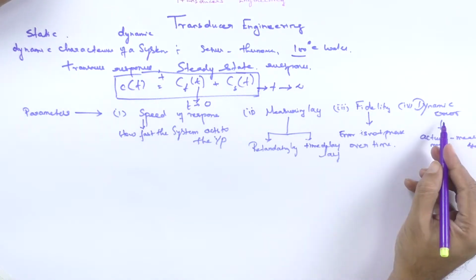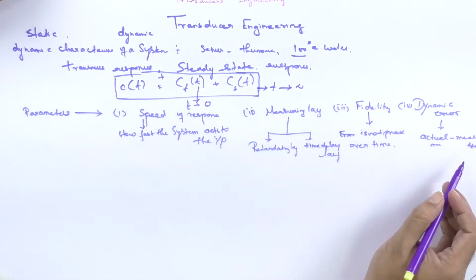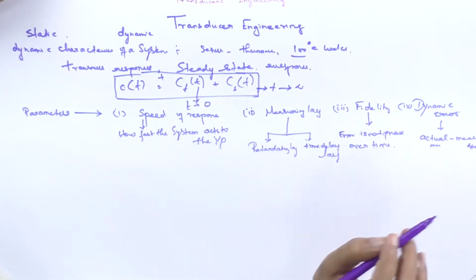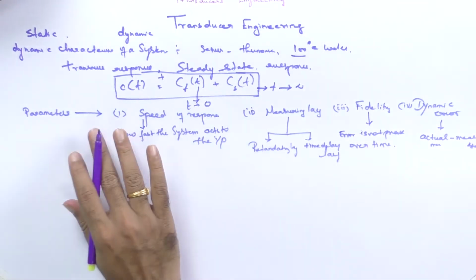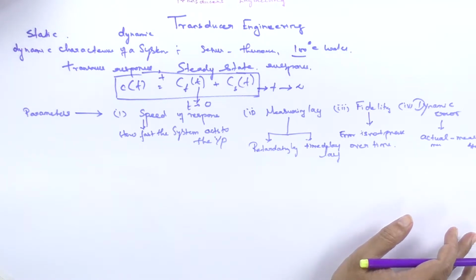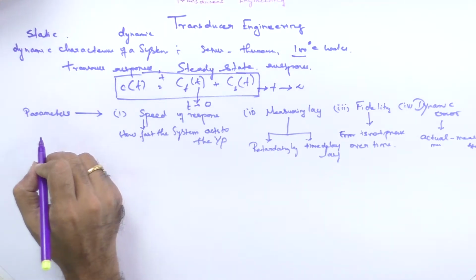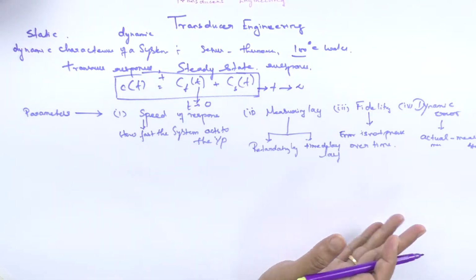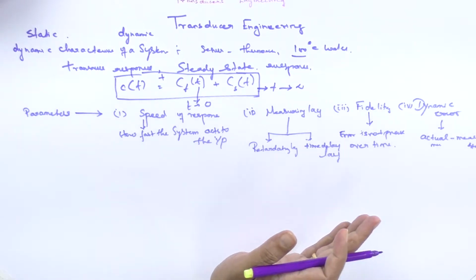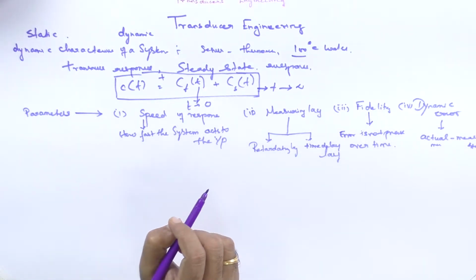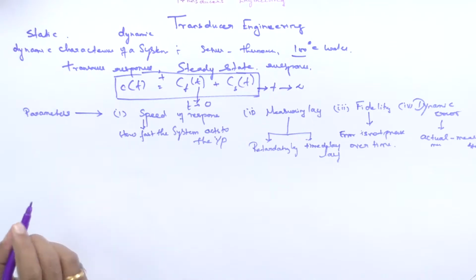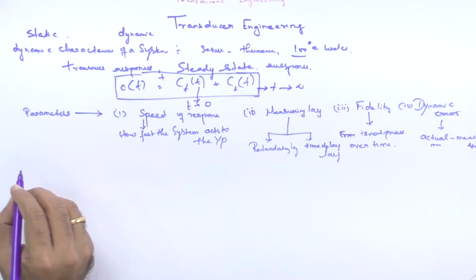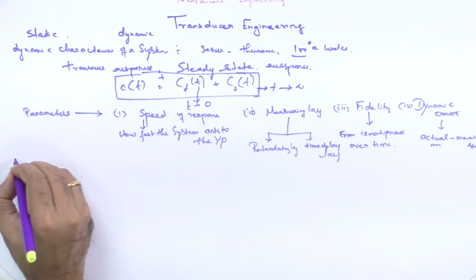All those things give you the error, and how much this error is present over time gives you the fidelity. So these are the four important factors, the dynamic parameters that we have seen in these dynamic systems.